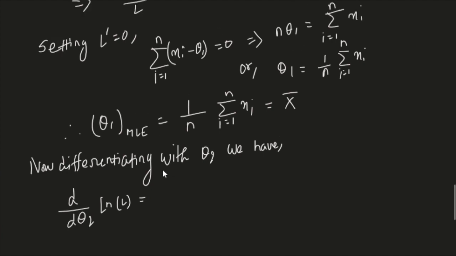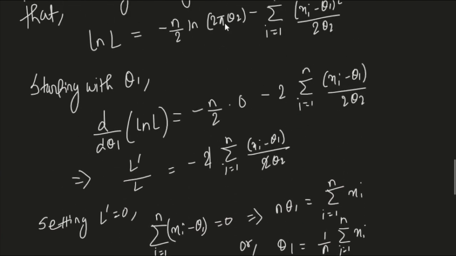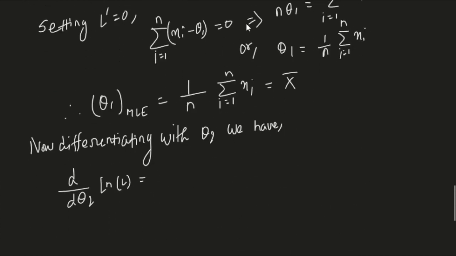Now the first term was minus n by 2 log of 2 pi theta 2. This one would be useful here, and thus we have minus n by 2 times the differentiation of log of 2 pi theta 2, which is 1 by theta 2.